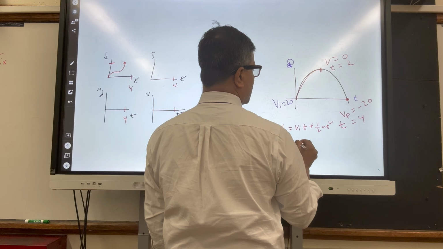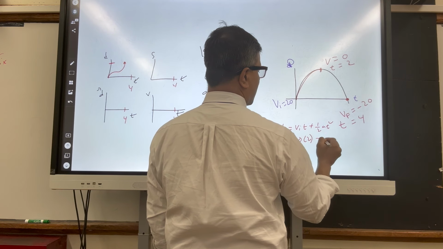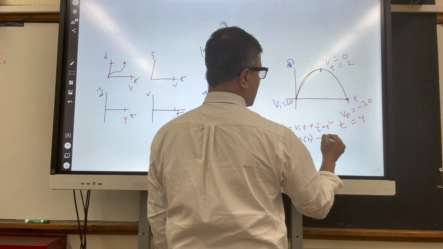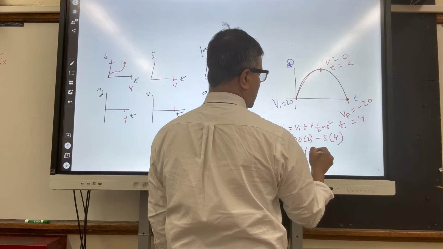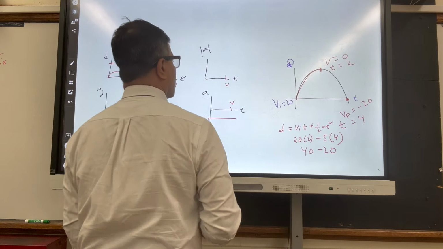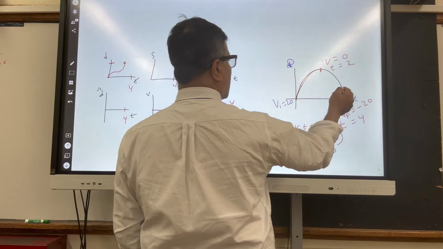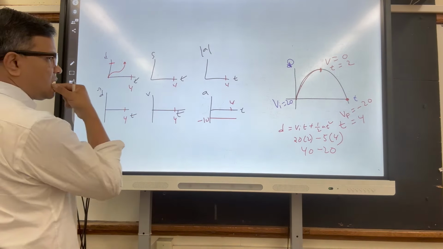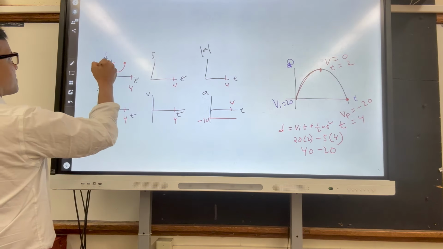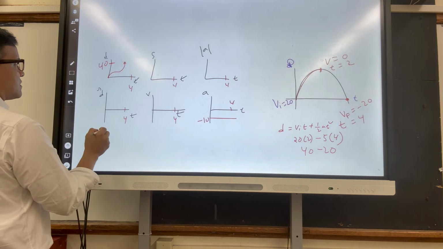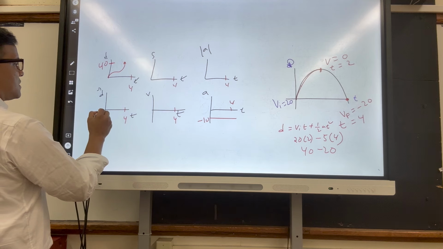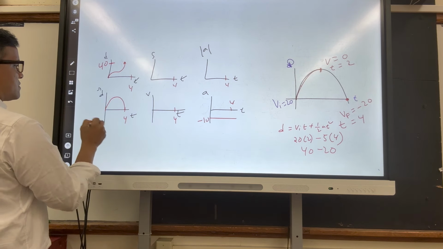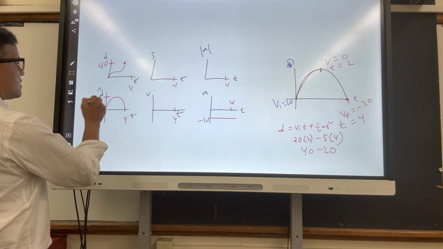And when the time is 2, so 20. Okay, so 20 and positive 20, right? 40. So this is 40. This is negative 40. This is 0. Okay, so this is 20.